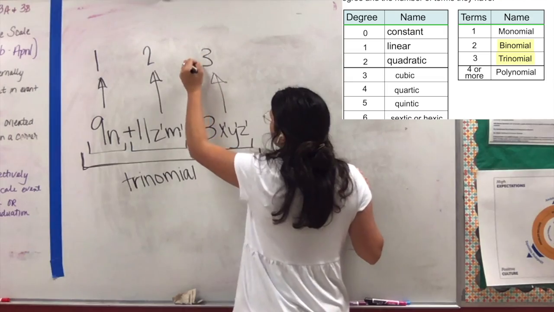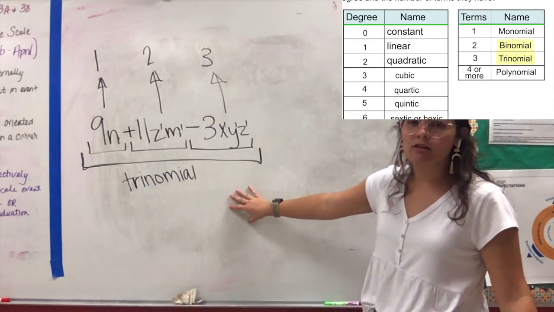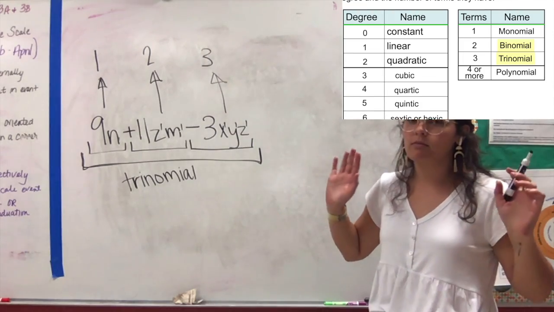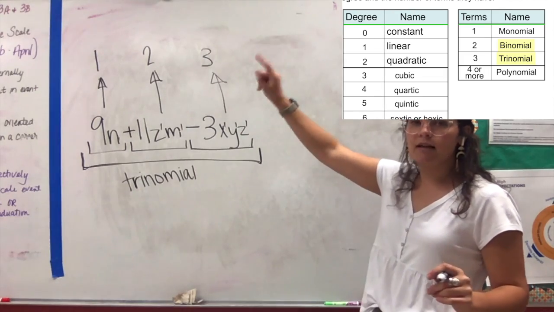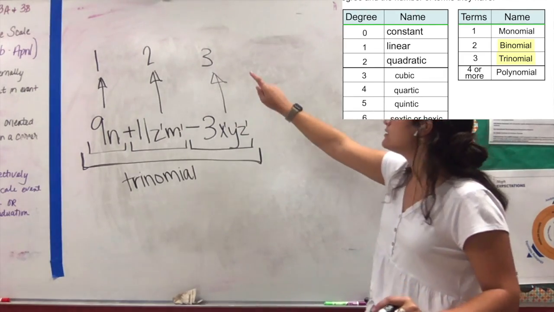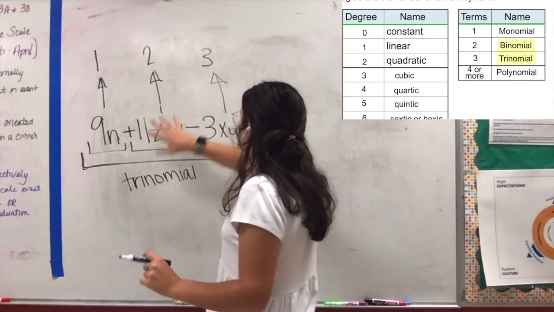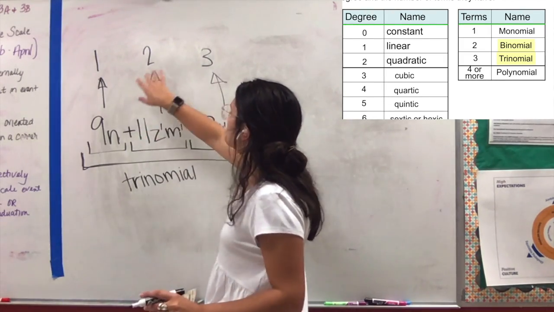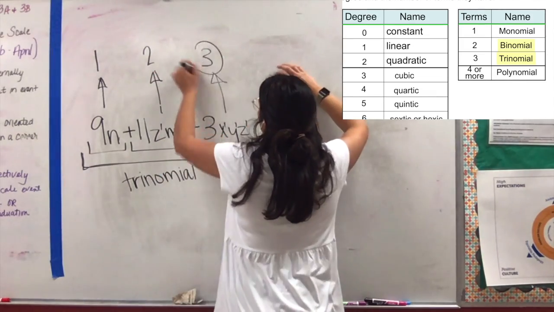Add them together, you get 3. Now, remember when we have a trinomial or a binomial, any polynomial with more than 1 term, we only need 1 degree. And that 1 degree is going to be the biggest degree of all 3 terms. So we have degrees of 1, 2, 3 for our terms, but we need the biggest. And the biggest is going to be 3.